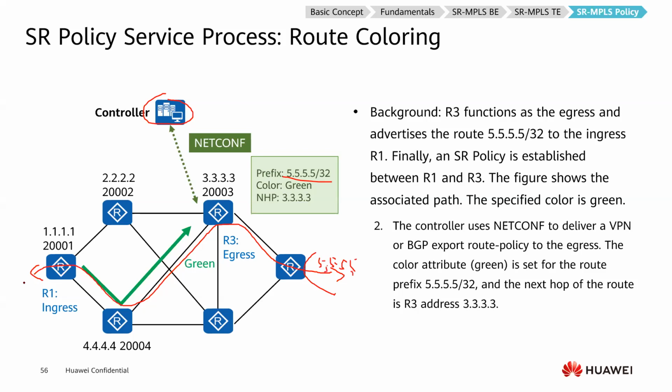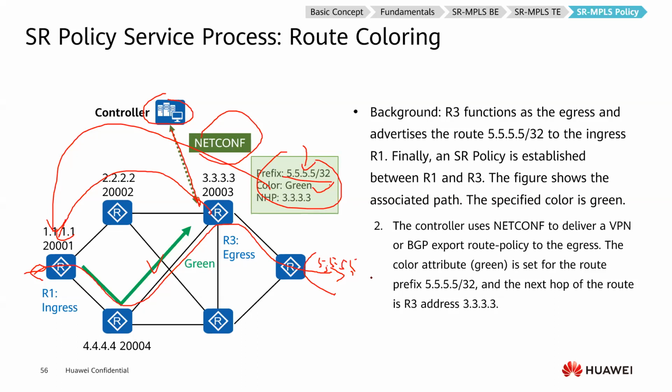So I need to ask R1 to go into this green tunnel. The controller will use NETCONF to tell R3, because R3 is a PE, that for this IP segment 5.5.5.5, if you want to send out to another PE, give this route a color green. So this will be sent out to R1, and R1 will know that to go to 5.5.5.5, it should go into the tunnel.